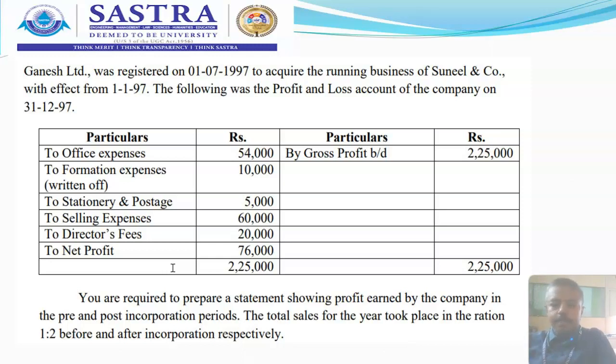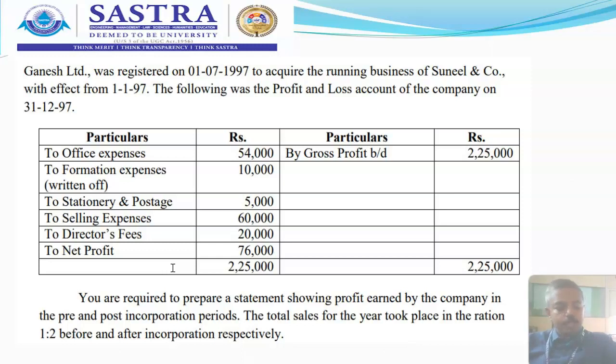So what is the difference between apportionment and allocation? That is most important. Apportionment means you are dividing the amount into pre-incorporation and post-incorporation based on some ratio. Whereas allocation means you are directly posting that amount either into pre-incorporation or into post-incorporation based on the nature of the expenses.